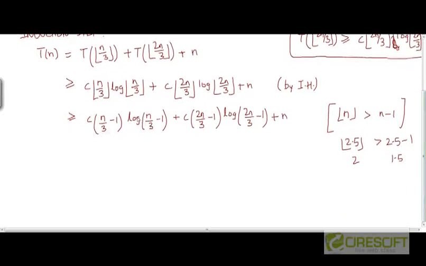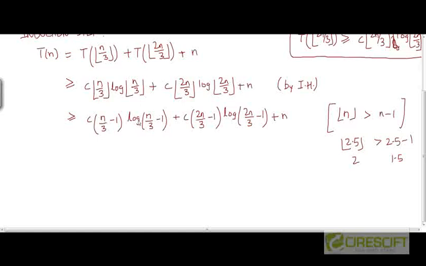Now this expression is still a little complicated because now we have log of something minus 1 here. It's not clear how we're going to deal with this expression. So let's try to further simplify it. Again, we have to keep in mind that we want to prove that this needs to be greater than or equal to Cn log n. But right now there is no way to get log n in this expression, even though we could get Cn by multiplying C times n here.